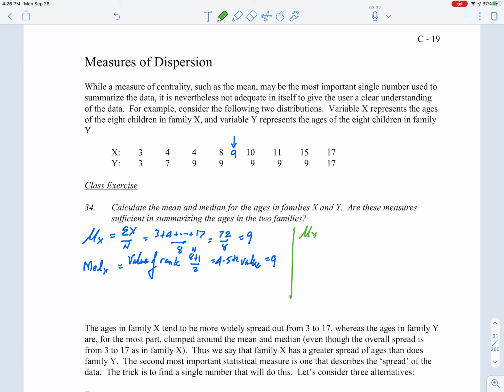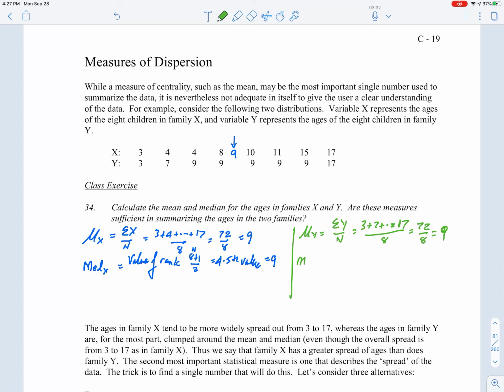And so the mean for family Y will be the sum of the Y's divided by n. And if we add these guys up, 3 plus 7 plus all the way up to 17, divide that by 8, we'll get 9. So the same mean.